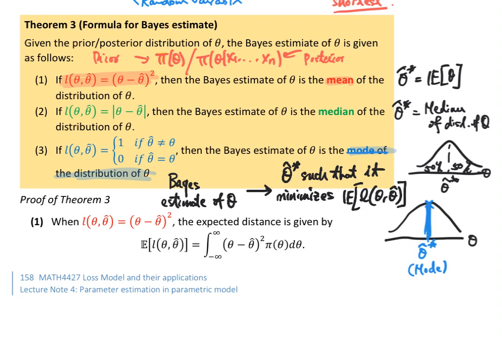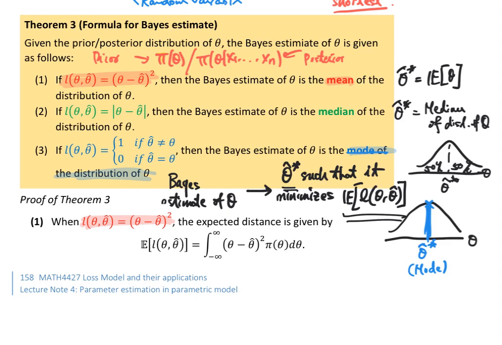So in order to figure out its value, what you need to do is calculate the expected value of this loss function. Now let us start with the Euclidean distance, that is L equal to (theta minus theta hat) squared.